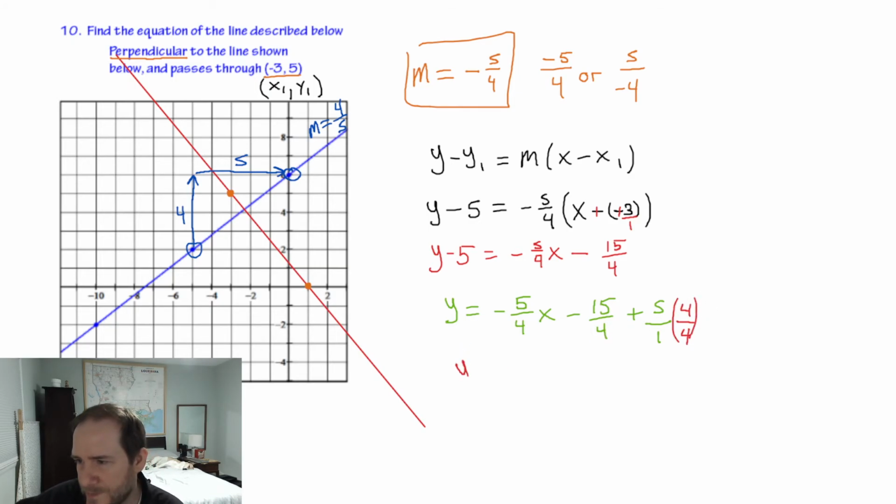But basically I end up with y equals negative 5/4 x minus 15 over 4 plus 20 over 4. But now that these two fractions have the same bottom, I just have to add the tops. So negative 15 plus 20 will be positive 5. So that's kind of annoying, but the y-intercept will be the same number as the slope. That's kind of uncommon. That's just a coincidence. But we're going to get negative 5/4 x plus 5/4.